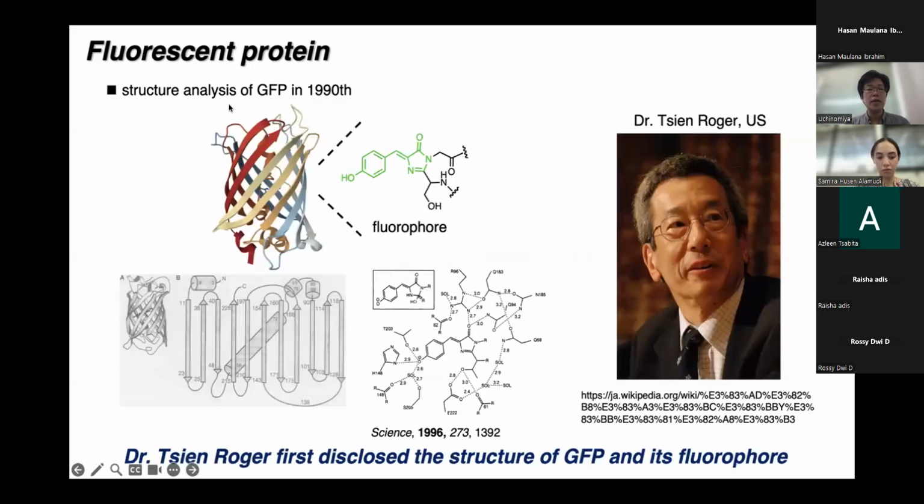However, in the 1990s, Dr. Roger Tsien first disclosed the structure of GFP, and he showed GFP has a beta barrel structure, and GFP includes the fluorophore here. And he scientifically disclosed why GFP shows green fluorescence.